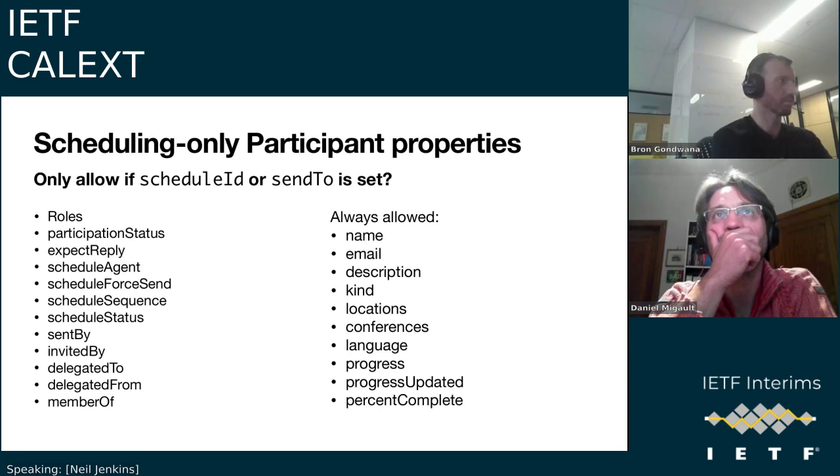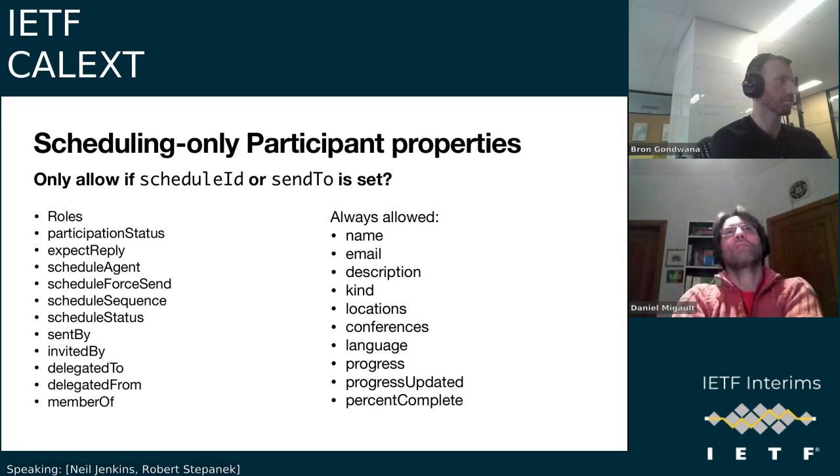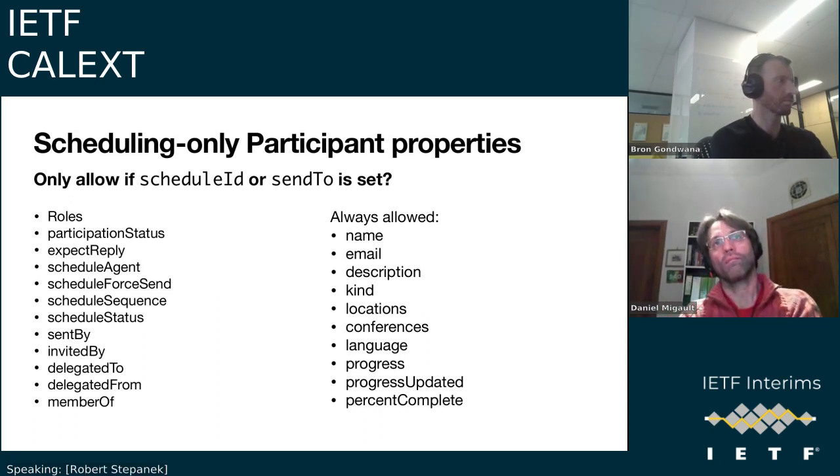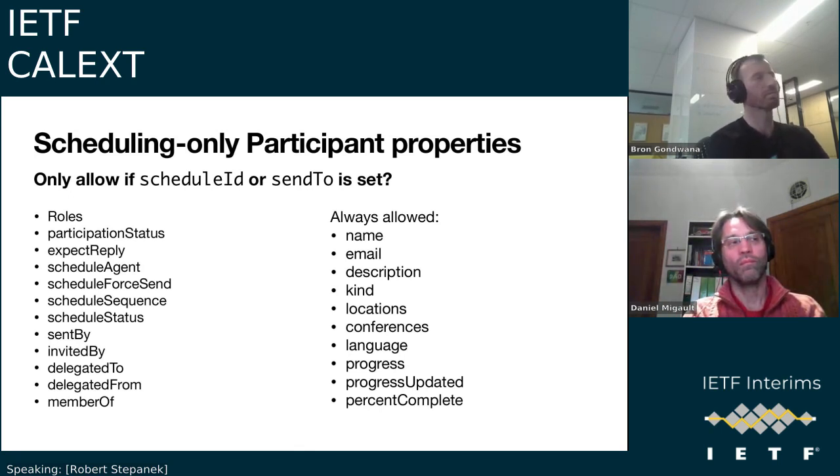The rest of those I kind of agree. I don't know how important it is to forbid it, but I do agree that they're not much use without the schedule ID. This is really a bit driven by the fact that when we define the mapping to an attendee in iCalendar, the left hand side is the stuff that are really tagged on as parameters on an attendee property.